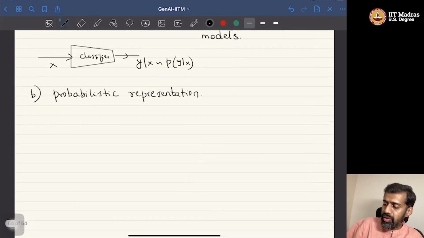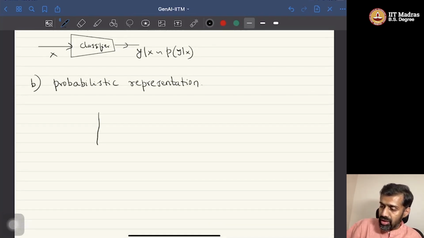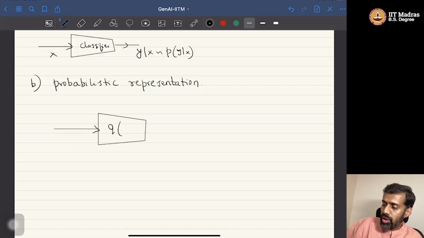In the probabilistic way of representation, suppose there is a distribution function that we would like to model using a neural network. Let's take the example of whatever we have right now. Let's say we need to model q of z given x.